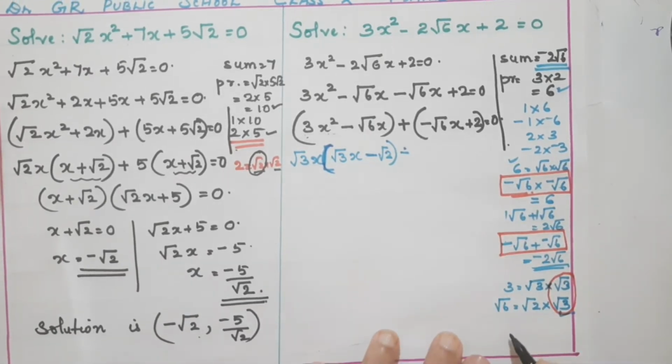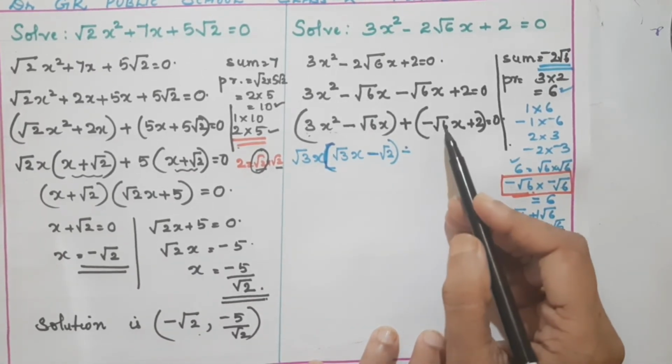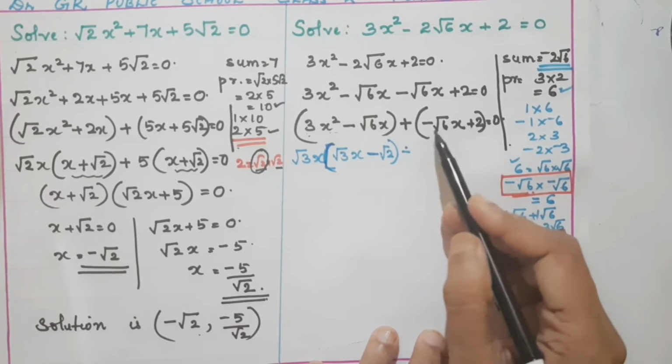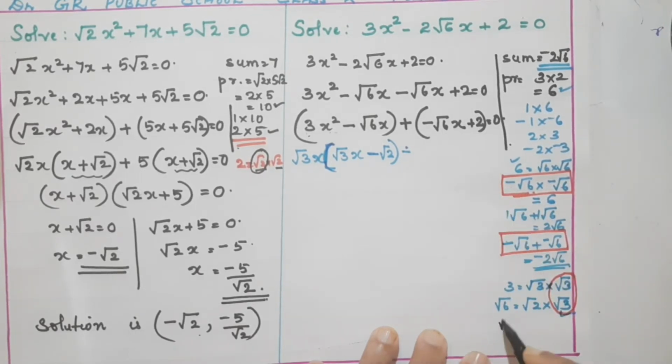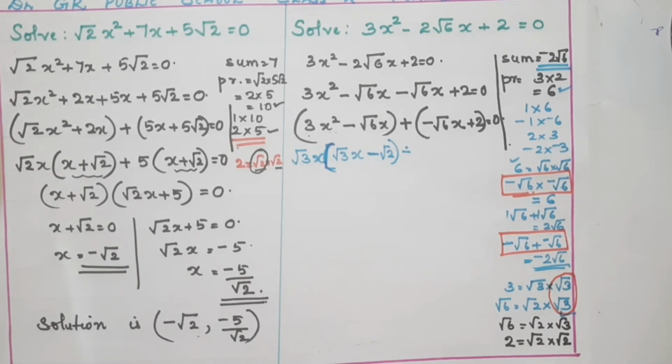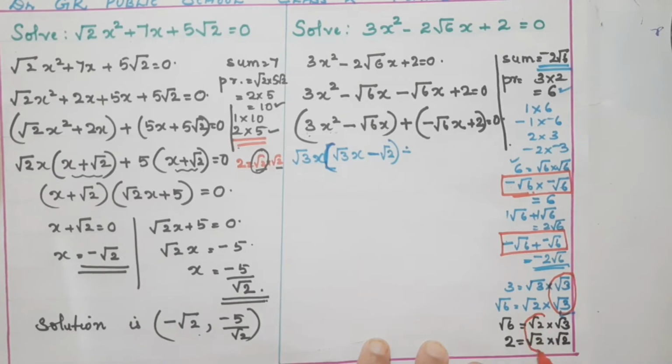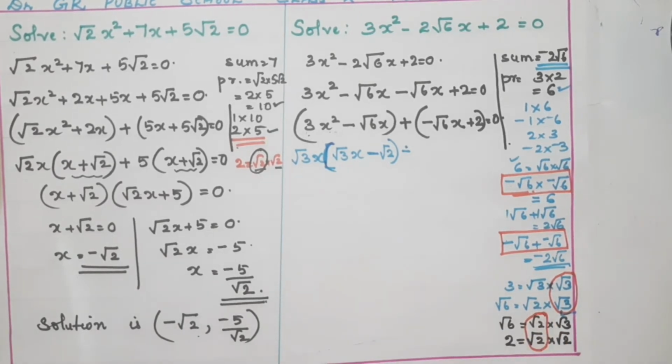Okay children, again look at this. We have to find out a common factor from these two terms. Root 6 can be written as root 2 into root 3. 2 can be written as root 2 into root 2. Can we take any common factor? Yes, which is common? Root 2 is common. Isn't it?